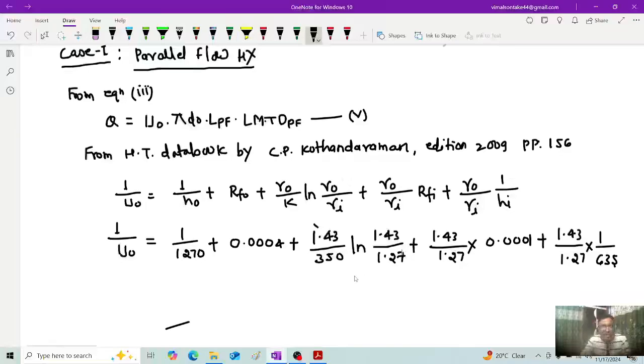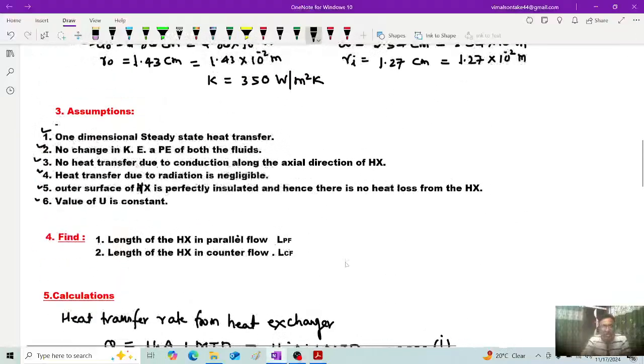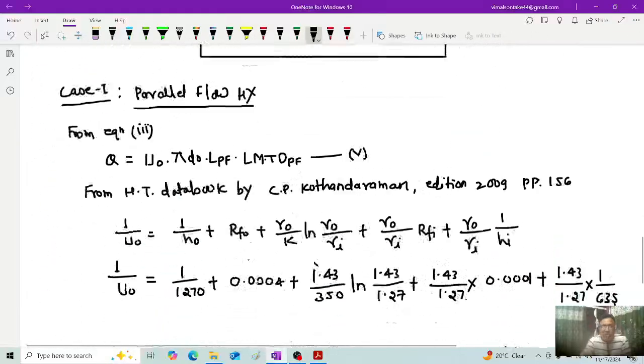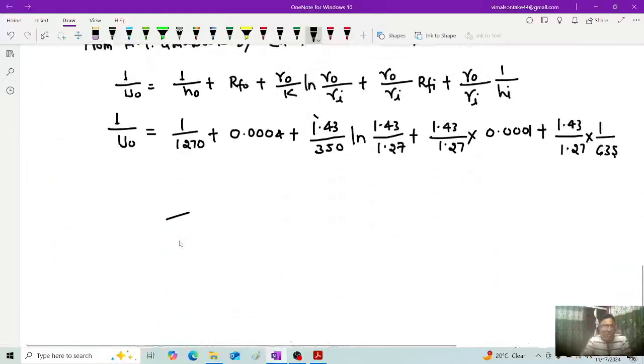Let me check once again whether I have plugged all the values correctly. Okay, all the values are plugged correctly. So I am directly getting the value of U naught by solving it. It will be in watt per meter square Kelvin.